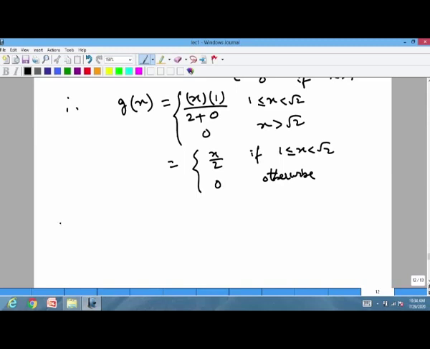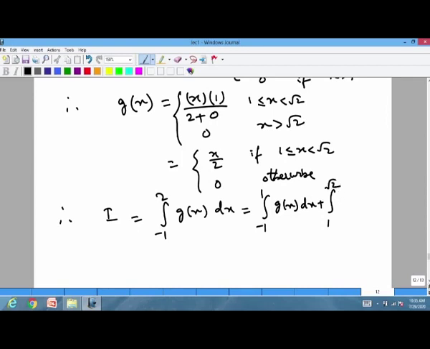So, now I is equal to the integral from minus 1 to 2 of g of x dx. This we write as the integral from minus 1 to 1 of g of x dx, plus the integral from 1 to root 2 of g of x dx, plus the integral from root 2 to 2 of g of x dx.